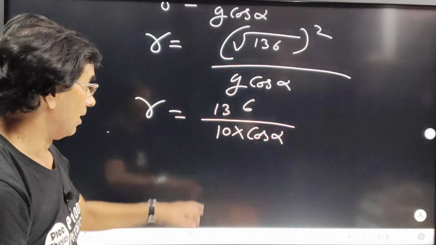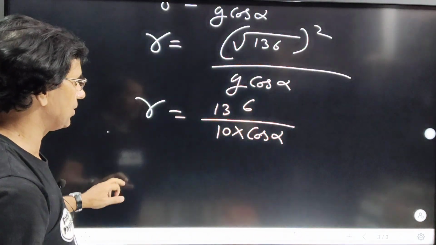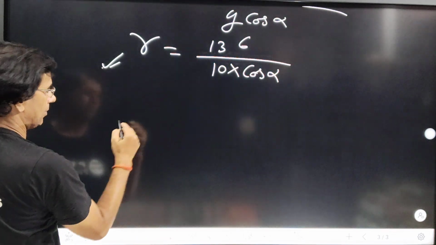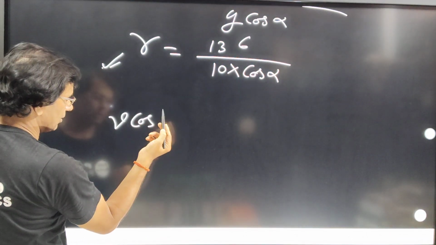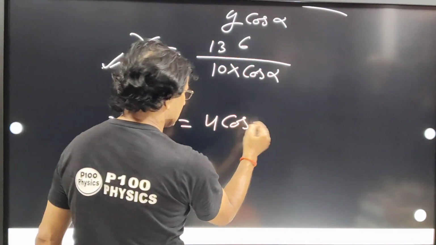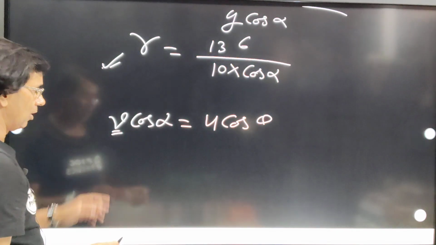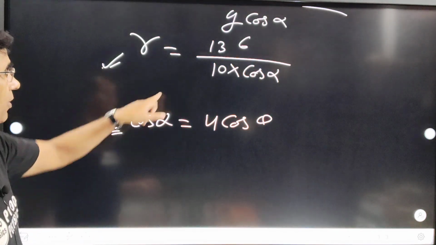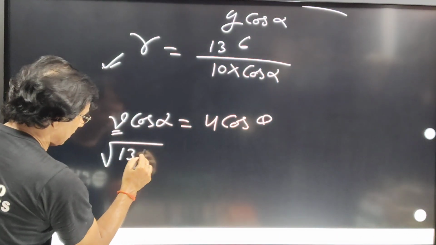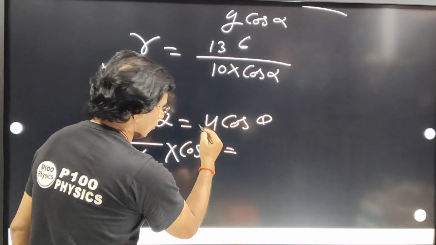Now in the question, you have to find the value of cos alpha. Very easily you can find cos alpha, because v cos alpha equals u cos theta. Since you have solved for v, what is the value of v? The v is root 136, so root 136 into cos alpha equals u cos theta.